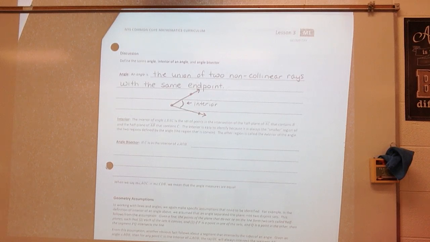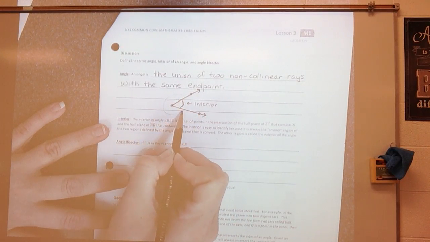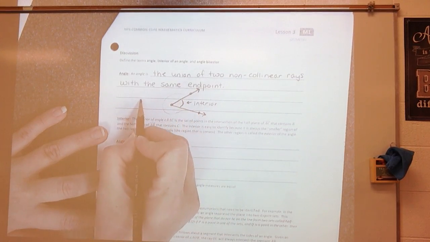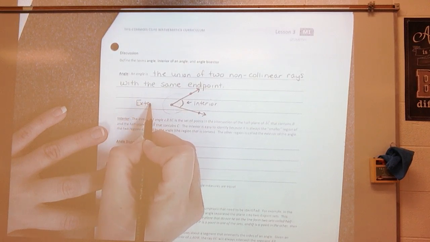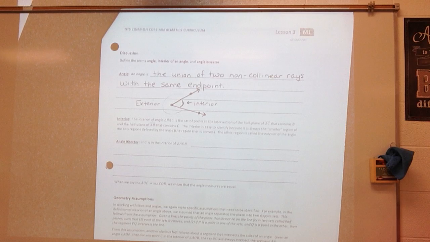The second angle measurement that we have is this part. And this is called our exterior. Okay? This is called our exterior. I can measure that outside of that angle. It's going to be the bigger part.